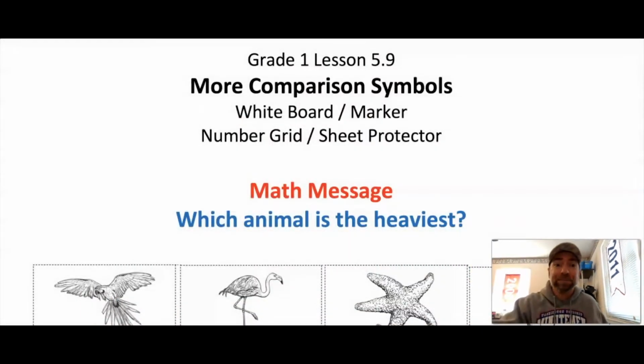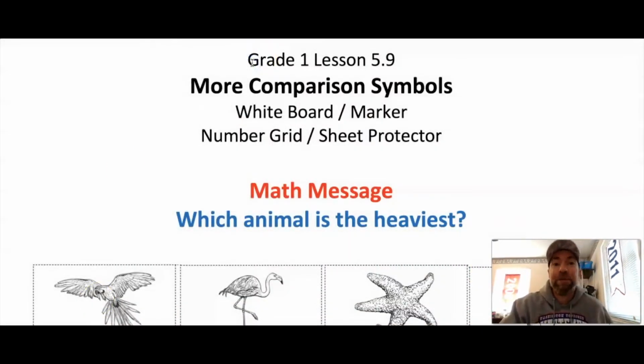And I'm also here with Frankie the Flamingo. Or maybe that's Francine the Flamingo. Not sure. But the reason I have some Lego animals today is because our math lesson is going to be looking at some animals and how much they weigh. So let's get started as I shrink myself into the corner.